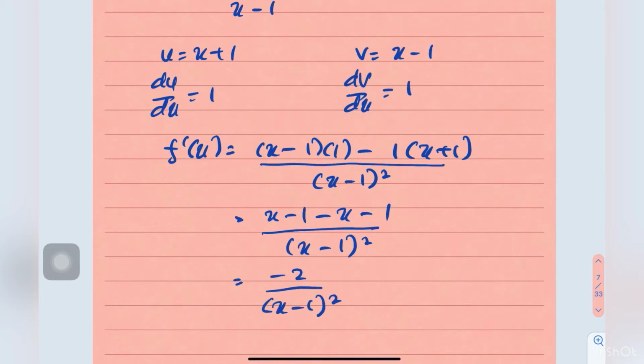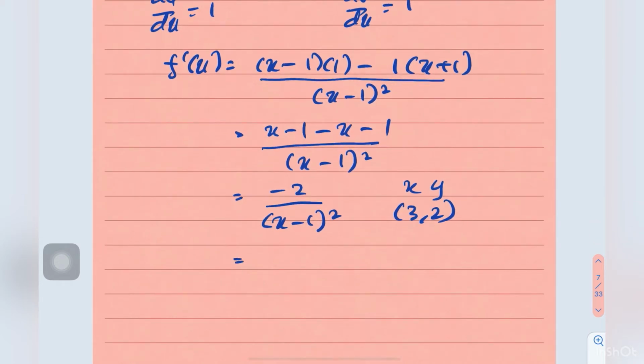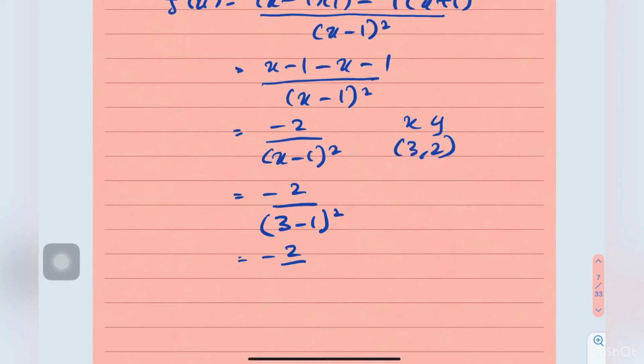Here we have the point 3, 2, so we have 3, 2, x and y. So therefore, you substitute x equals 3 into (3 minus 1) squared. Here we get the gradient is negative 2 over 2 squared, negative 2 over 4, which is -1 over 2. Okay, so this is the gradient.